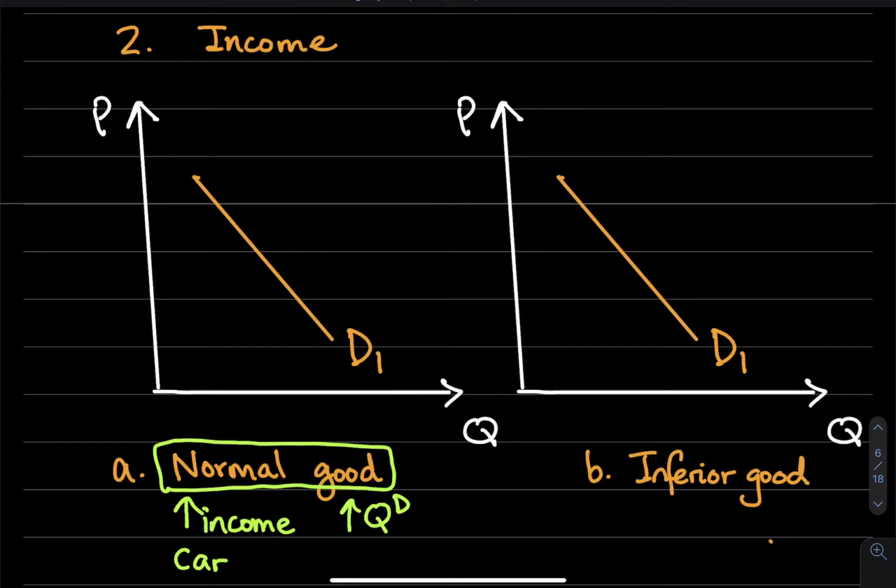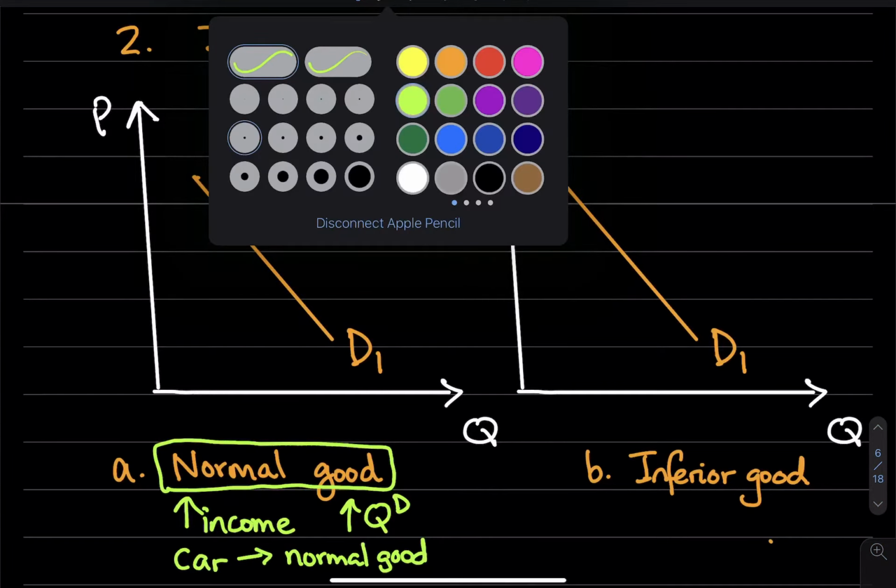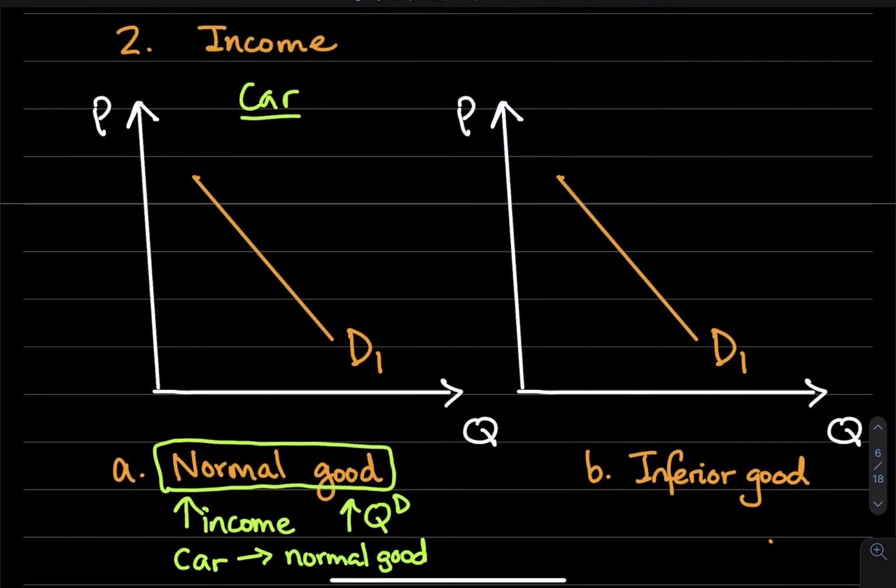As your income went up, car becomes the normal good. As your income went up, there's a demand for cars. Okay, so if we were in the car market, what you would see is a shift from D1 to D2.